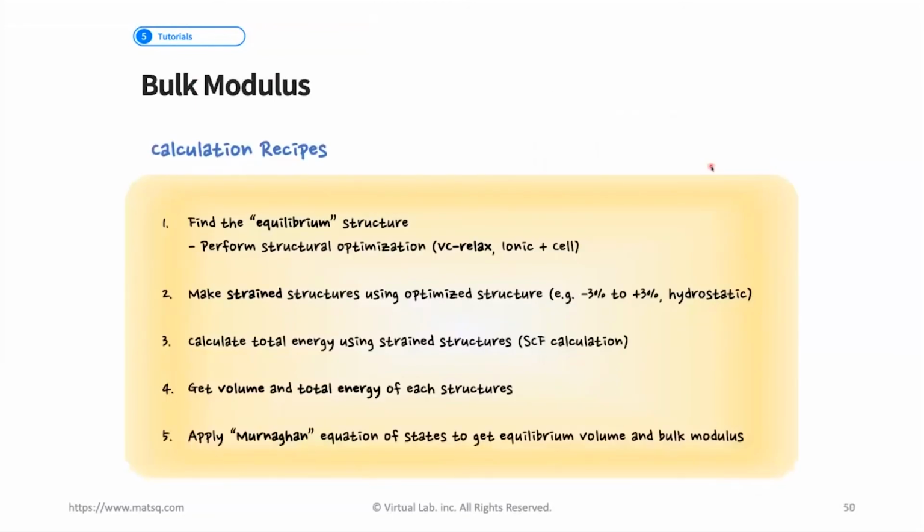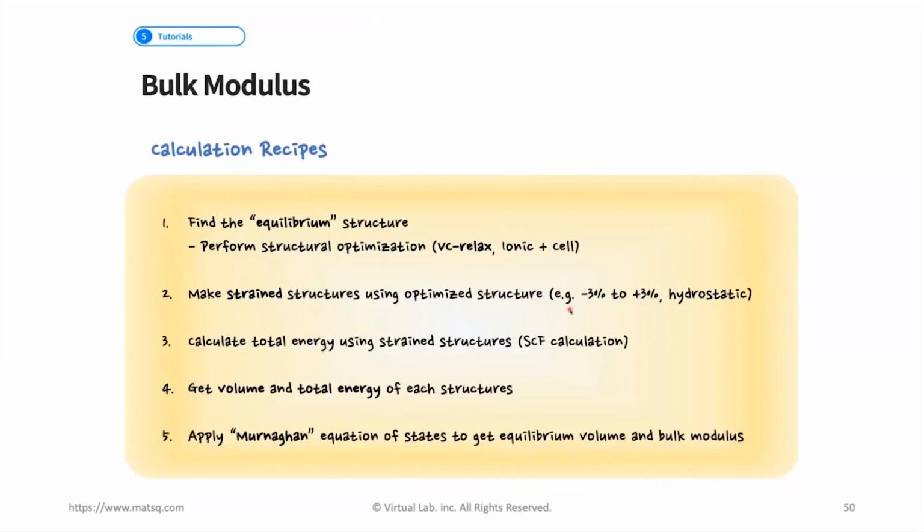How to calculate it is very important. First, find the equilibrium structure. In Quantum Espresso, perform the structural optimization with variable cell relax, which means ionic plus cell relaxation. After finding the equilibrium structure, make strained structures using the optimized structure.